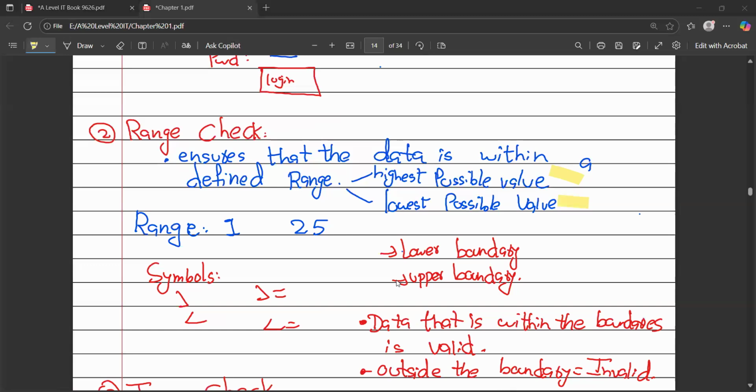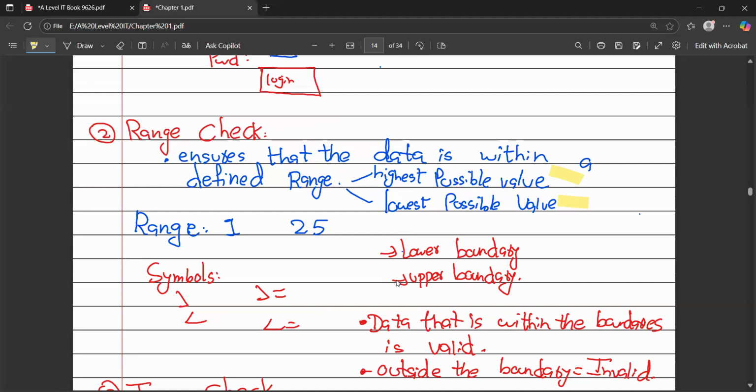Yes, sir. So whenever you have a limit, you have two elements in that: the lowest possible value and the highest possible value. If I say your computer science exam consists of 75 marks, what is the lower bound? 0.